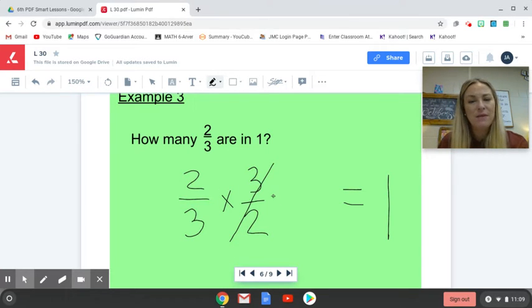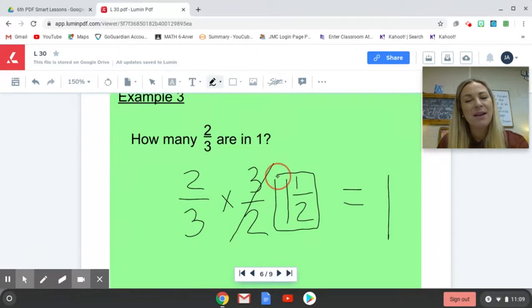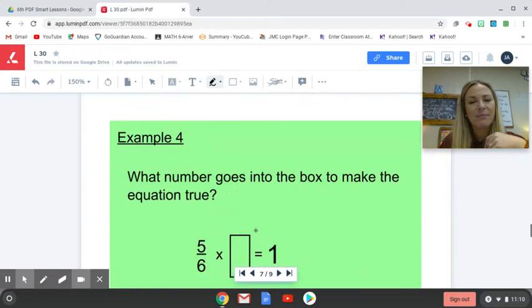How many 2's fit into 3? 1. 2 times 1 is 2 with 1 left over. So 1 and 1/2, or 1.5. How many 2/3 are in 1? 1.5. This is a higher form of that same answer. 3/2 is not wrong, but there's just a more complete way to write your answer.